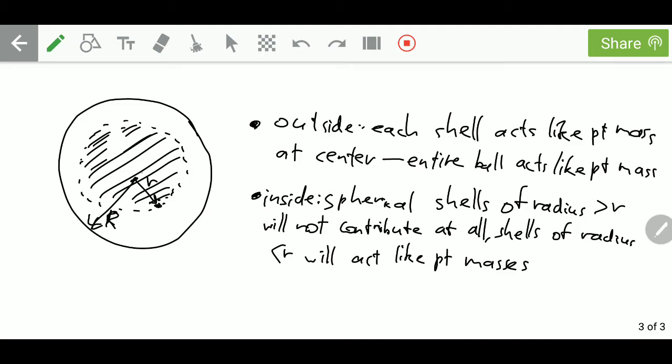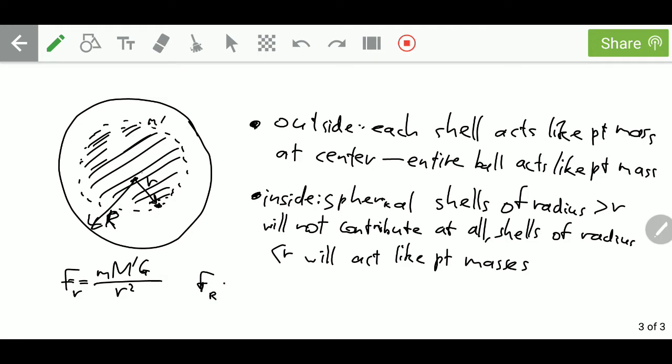And now, how does this act? Well, remember that F is mg over r squared. I'm going to say m prime; that's just going to be the mass inside.